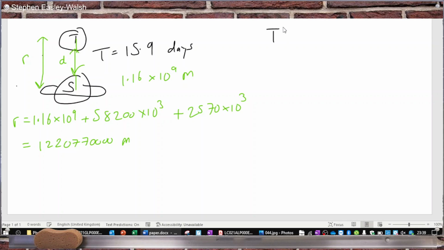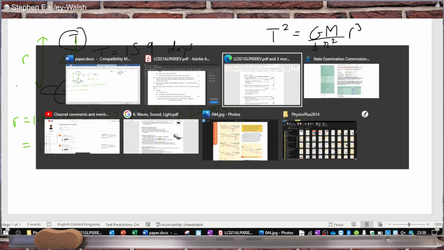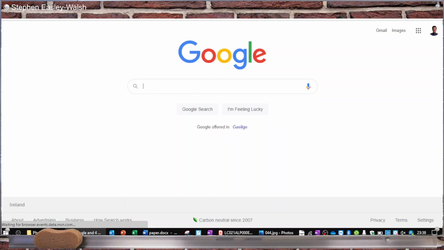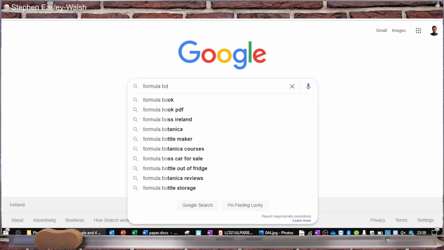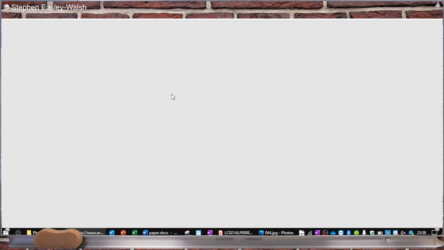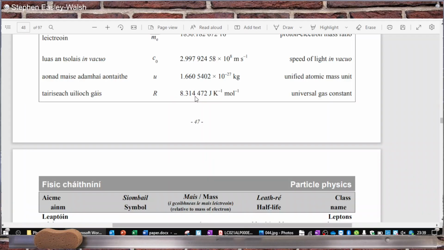It's T squared equals, what is it, GM over R cubed? No, GM over 4 pi squared R cubed, is that it? I'm going to check the formula book to see if I can find it. Okay, let's have a look. All right.